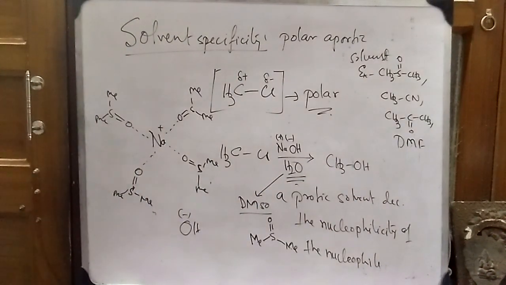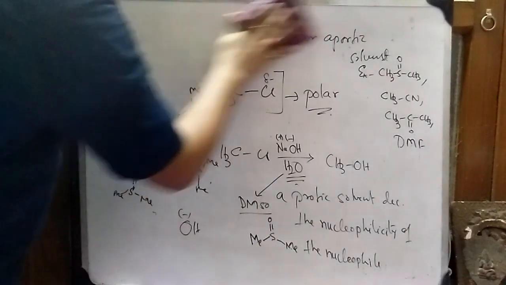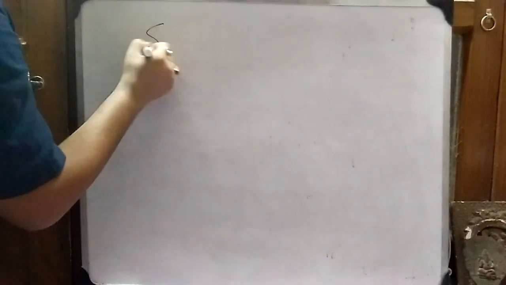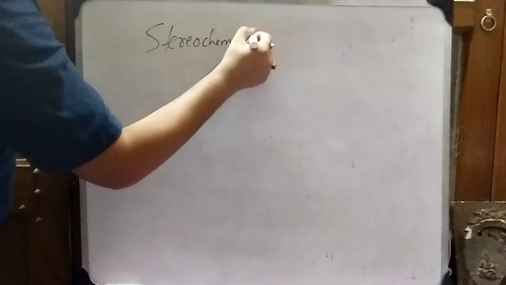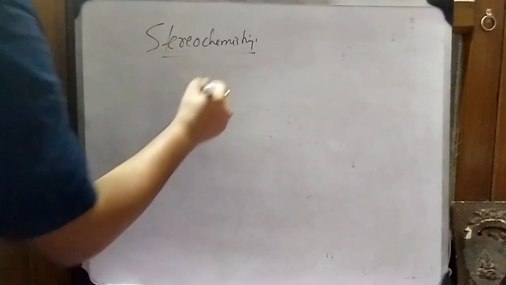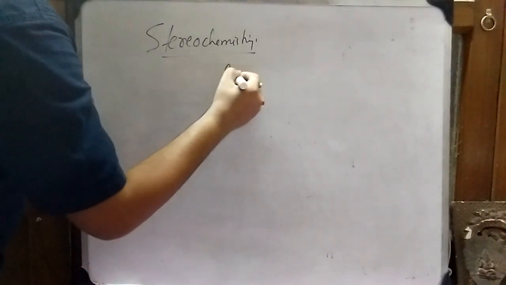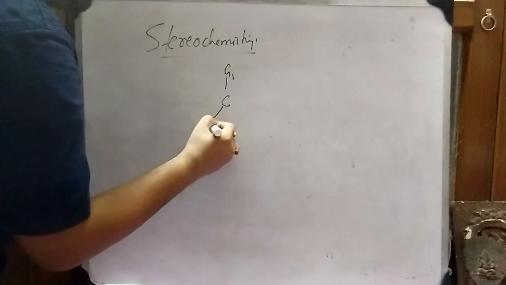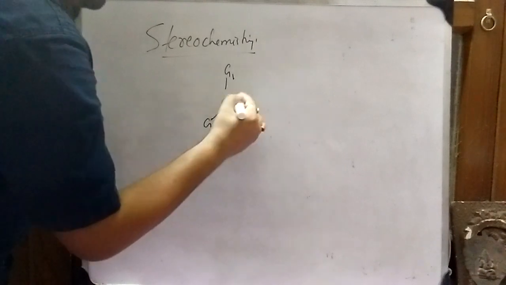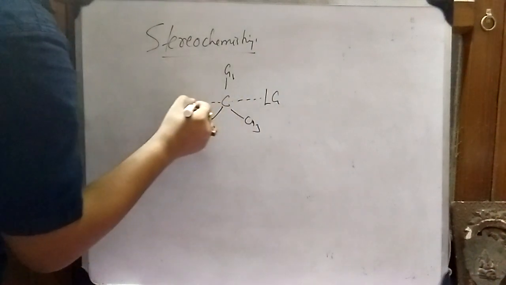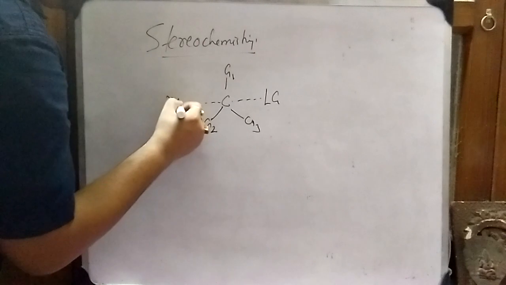Now the last part is the stereochemistry of this reaction. Stereochemistry of the reaction is very simple. Inversion of configuration takes place. Here you have seen it was G1, G2, and here G3. This was the leaving group and this was the incoming nucleophile.